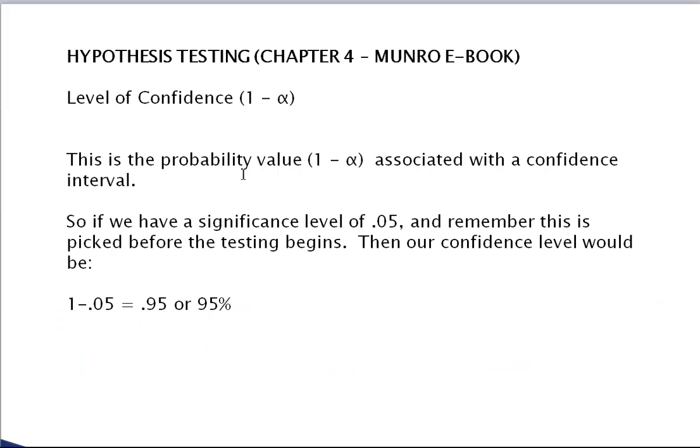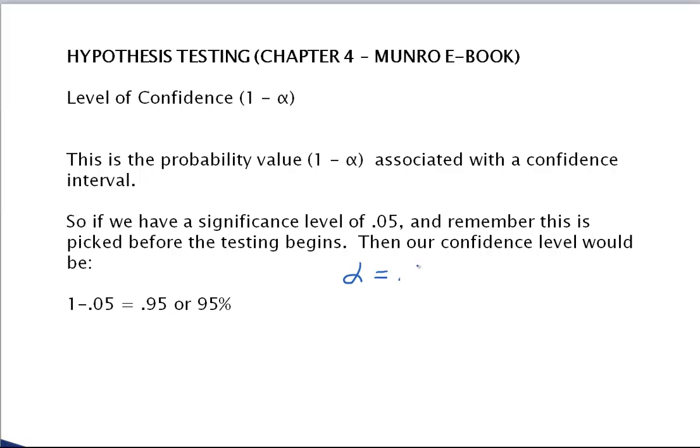Now, here we have the level of confidence. This is 1 minus the alpha, which is the significance level, and this is the probability value associated with a confidence interval. Alpha is quite often 0.05.